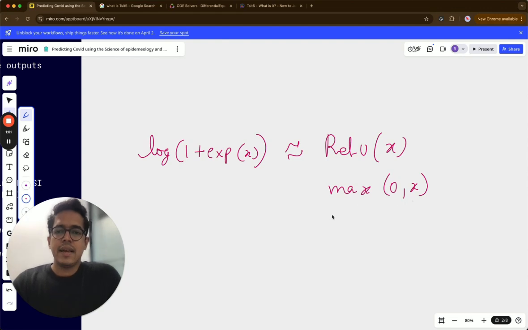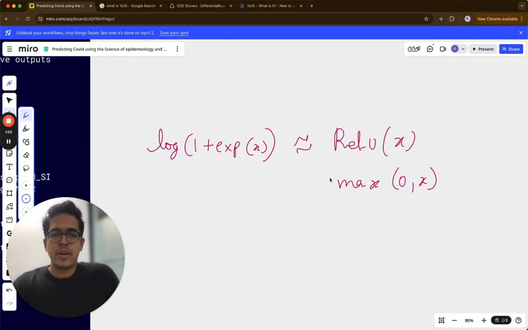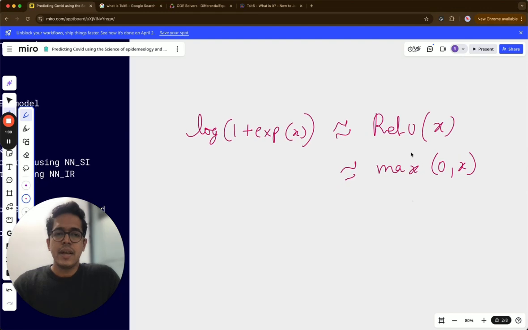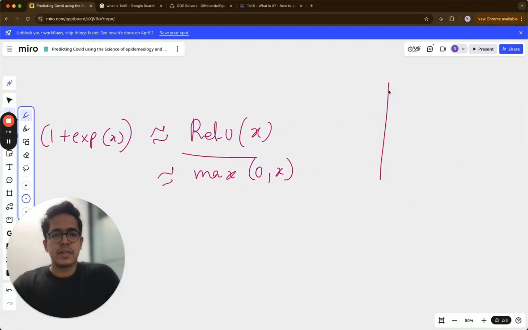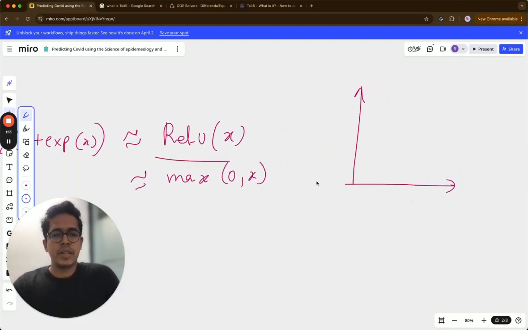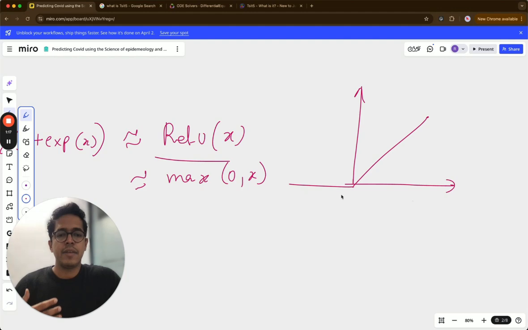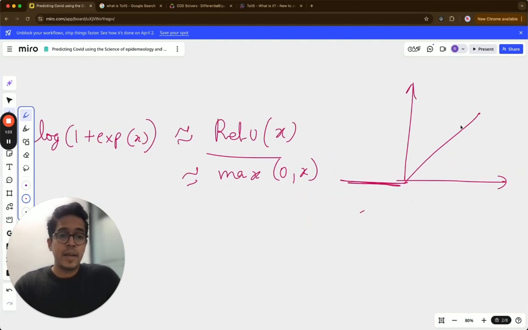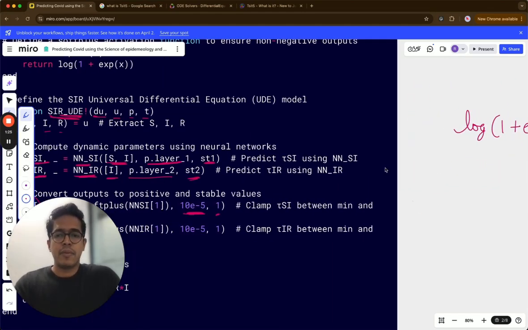So basically, if you do log of 1 plus exponent of x, you are essentially getting a differentiable version of the rectified linear unit. And you know what the rectified linear unit does? It basically converts your inputs into positive. If a positive number is the input, it will be retained. If you have a negative number as the input, it will be converted to 0. So this log of 1 plus exponent of x is approximately doing this, but in a more differentiable way.